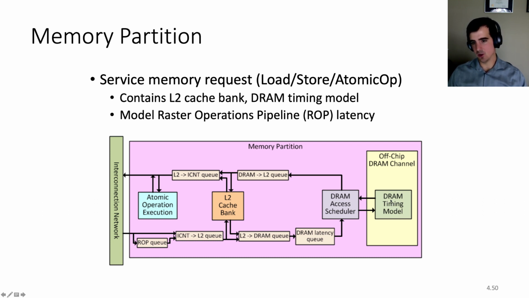It'll figure out how long it's supposed to take before the thing replies. It'll come back to the scheduler, get put into a queue, fill the L2 cache, get put into the next queue to go back to the interconnect, and then eventually go back to the cores.